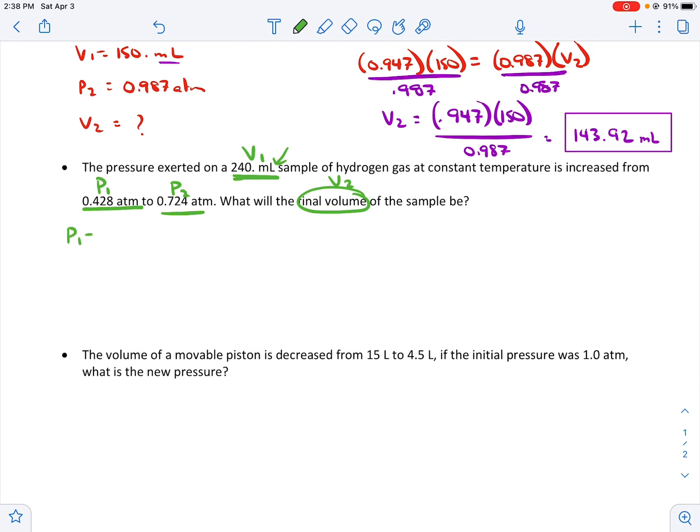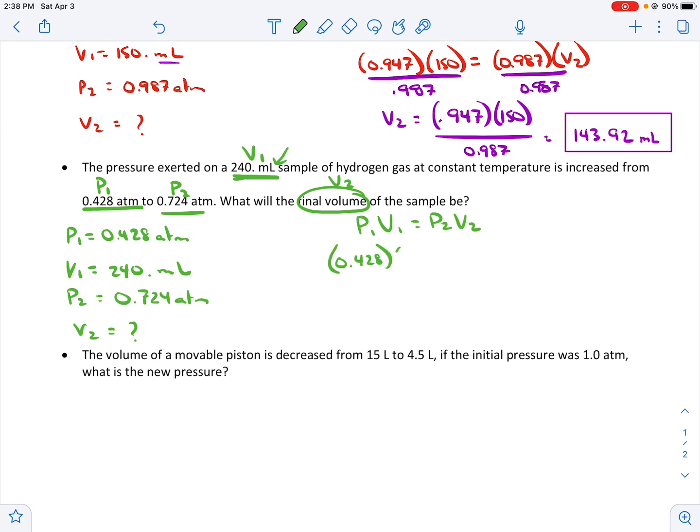So over here to the side, P1, we've got 0.428 atmospheres. V1 is our 240 milliliters. P2 is 0.724 atmospheres. And V2 is our question mark. So it's very similar to the last one in our setup. Repeating, we've got P1V1 equals P2V2. Plugging it in, 0.428 times 240 is equal to 0.724 times V2. Now again, we want to isolate and get our V2 by itself.